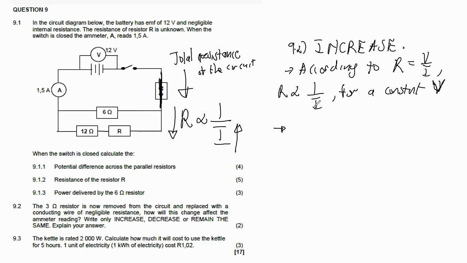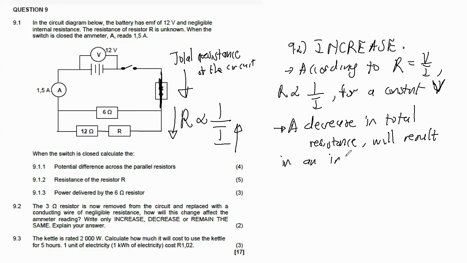And then now we know that a decrease in total resistance will result in an increase in the total current. So that means at the end of the day, we are expecting our ammeter reading to increase. So that's how you explain this, right?